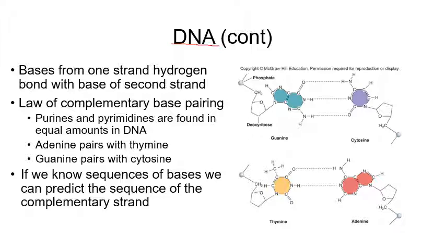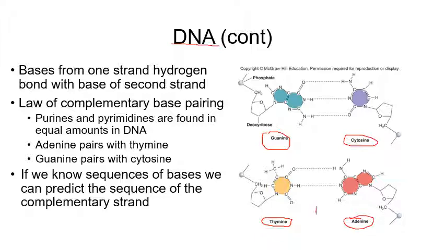Those of you that haven't had much biology or haven't seen DNA, you will see that the bases here have a corresponding base on the other strand. The complementary base for guanine will always be hydrogen bonded with cytosine. And for thymine, the complementary base is adenine.